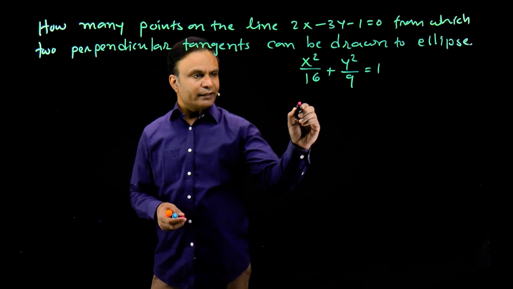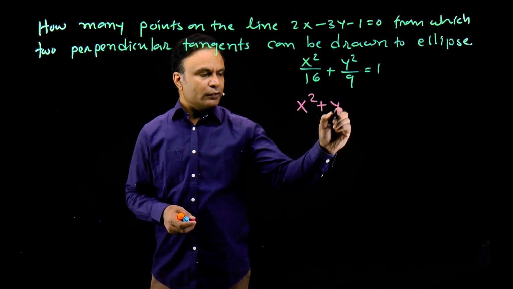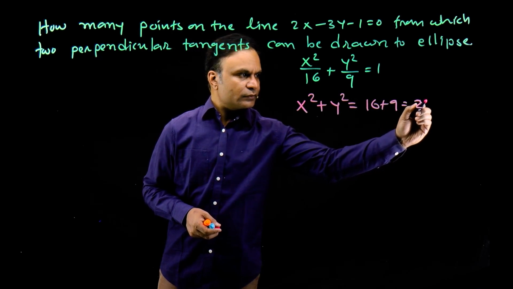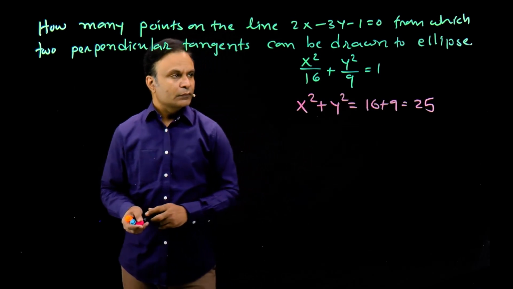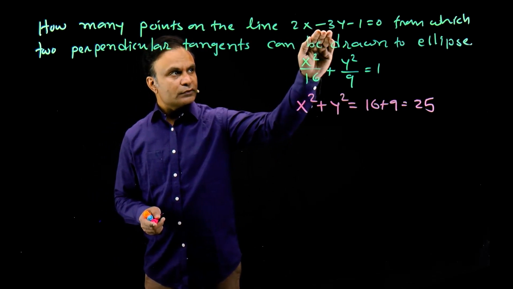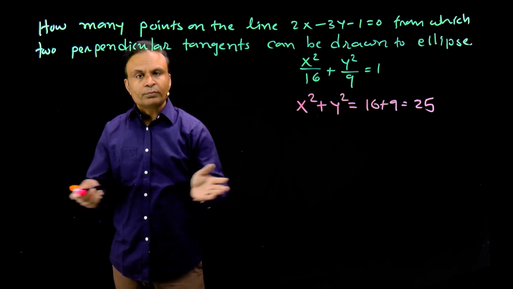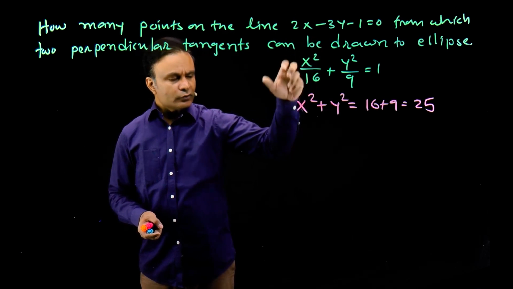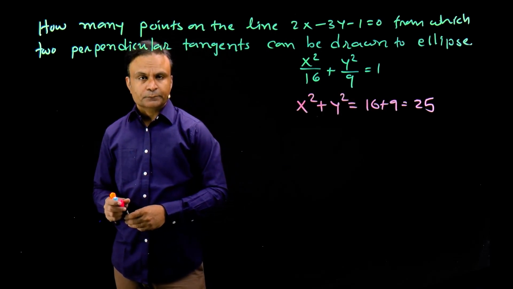The equation of director circle is x square plus y square is equal to 16 plus 9, that is 25. Now we want points on this line from which we can draw two perpendicular tangents, and those points on this line will also lie on this circle.